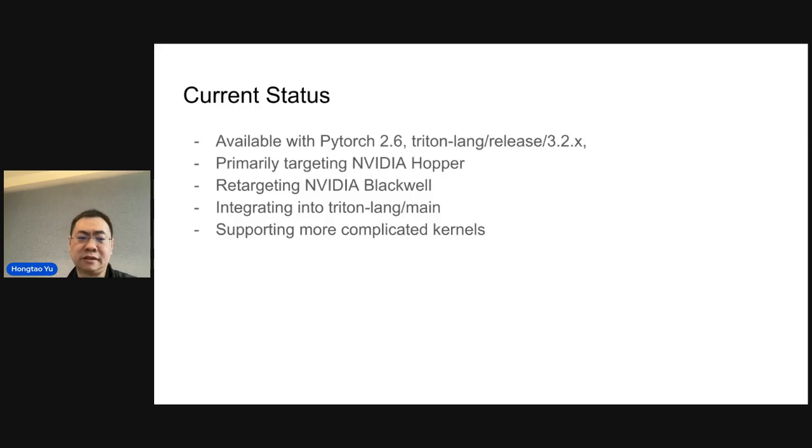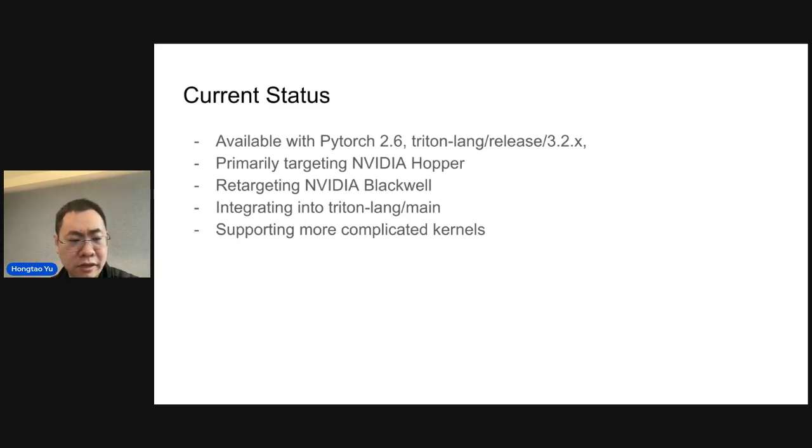The current status is warp specialization is available to PyTorch users through PyTorch 2.6, and that is with Triton release branch 3.2. We're also working on making it available through release 3.3. It's currently only targeting NVIDIA Hopper, and we are working on retargeting the NVIDIA Blackwell platform.